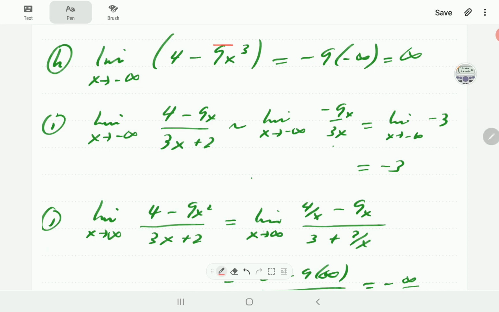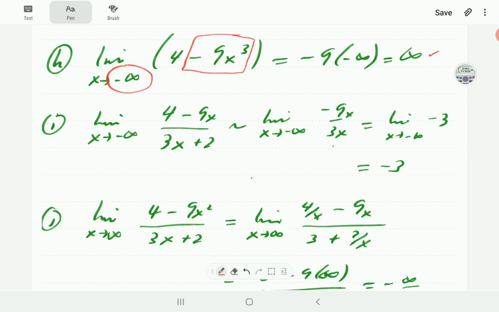So here this expression is going to be dominated by this term, which is the highest power of x, and so that gives us infinity, because this cubed is going to be negative infinity.